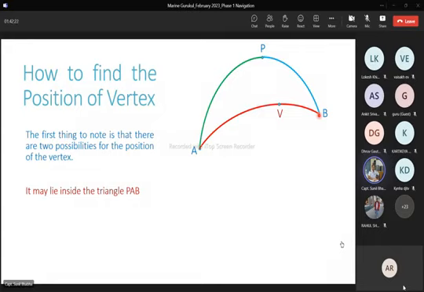Now let's try to draw the meridian of the vertex. So exactly in the same way as Papa Alpha was the meridian of point A, Papa Bravo was the meridian of point B, Papa Victor is the meridian of the vertex. Now we are aware of two things here.